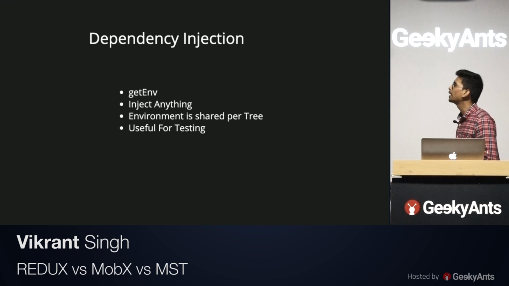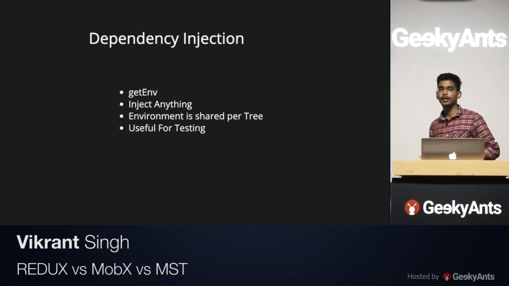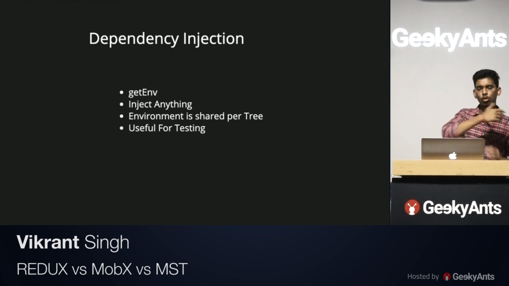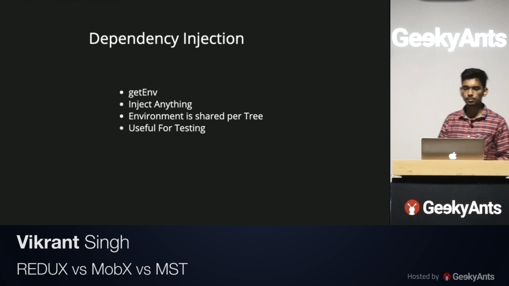And the last one is dependency injection, and this approach is really cool because you have a function known as getEnv, and as we have discussed, getEnv gives access to all of the external functions, or you can say files, and you can just use those functions or variables inside your actions.